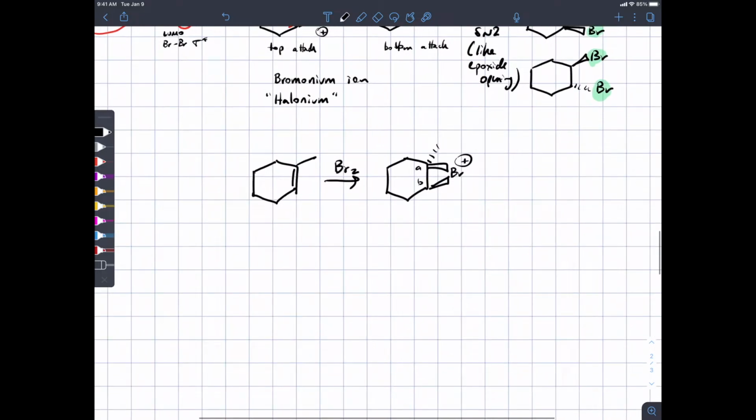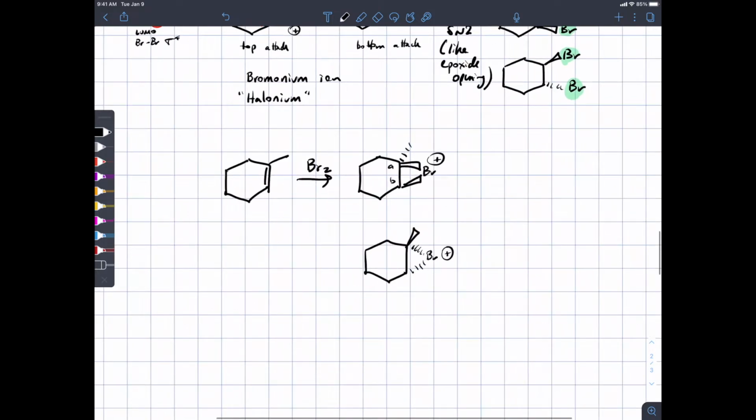And of course, because the alkene can attack from its top face versus its bottom face, I would get, whoa, that's not reasonable. I would get that other intermediate. And then you could ask which carbon, A or B, does bromide attack?